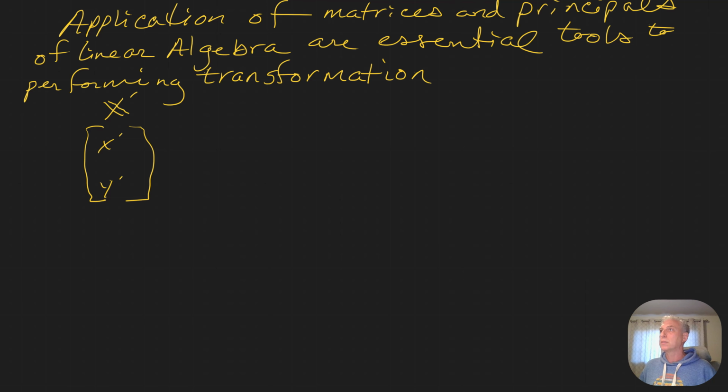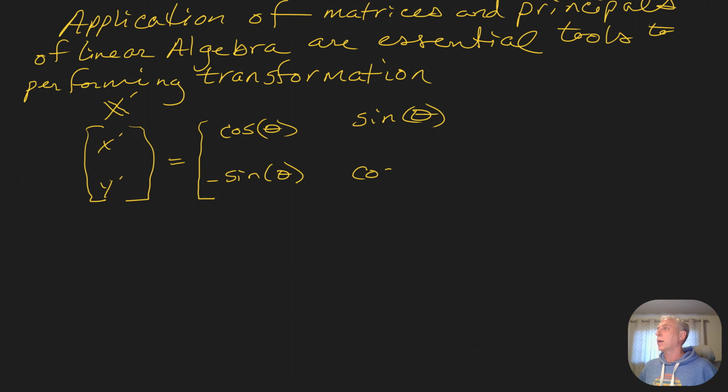So my x prime and my y prime is equal to the matrix with cos theta, minus sine theta, and sine theta, and cos theta. I should have this memorized. I do, just not very confident about it, I guess.